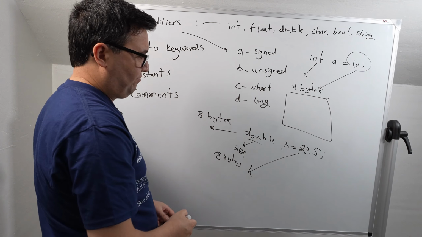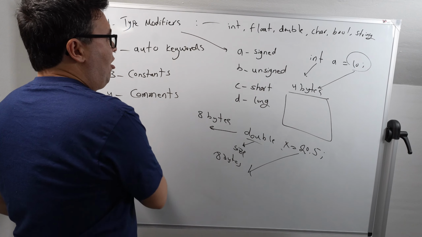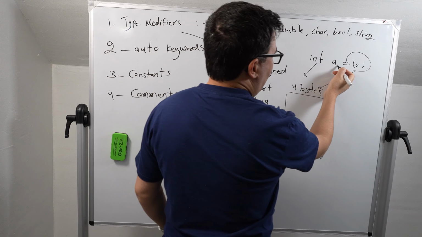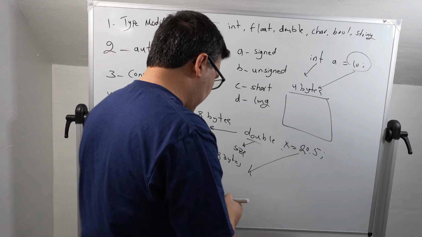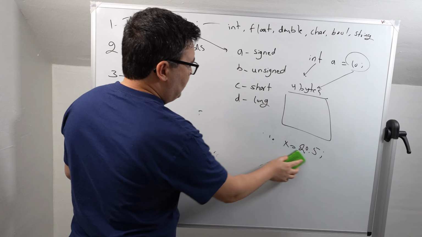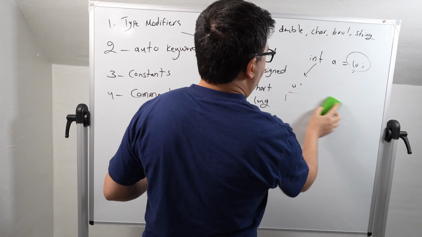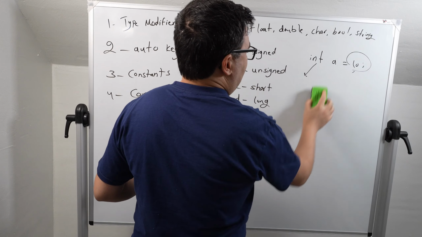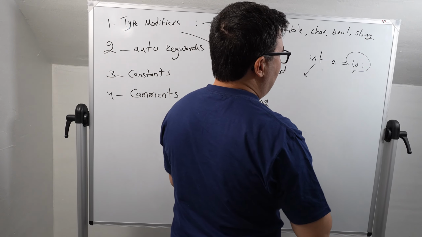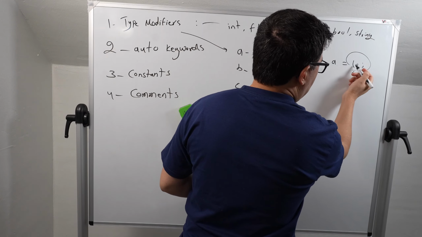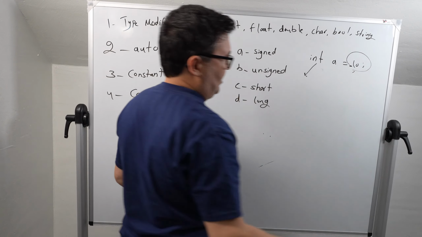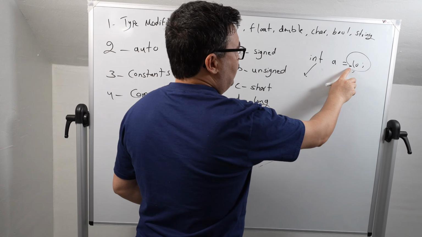So when we talk about signed, it means this variable, like a, by default stores positive and negative values. When we say int a equal to 10, this 10 can be positive or negative. We can also say minus 10, so now the value of a is minus 10.